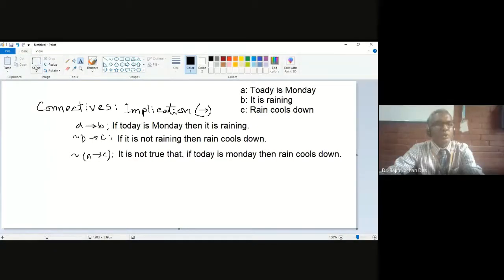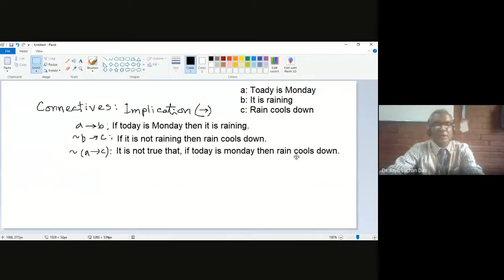Now let us talk about the truth table, and then you will understand what will be the result depending on the variables. Let me write the truth table for implication, in a different way, because the serial order is important here.